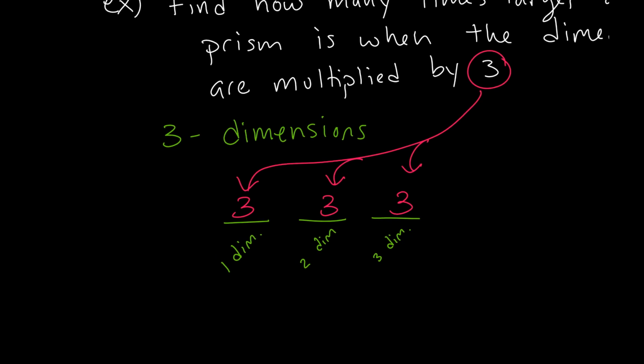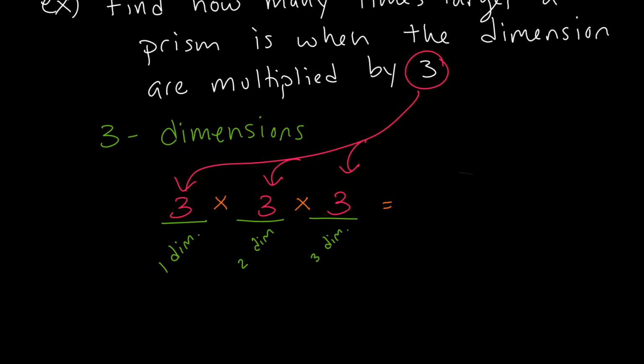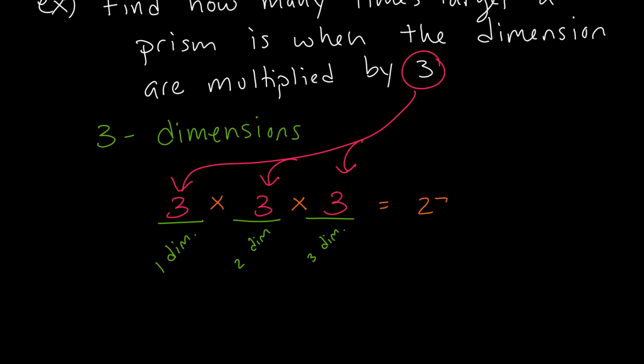And then they each were increased by 3. So now I'm going to multiply each one of these. What is 3 times 3 times 3? 27. So this shape is 27 times larger.